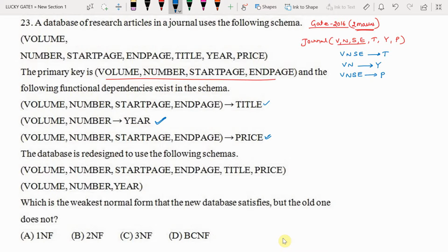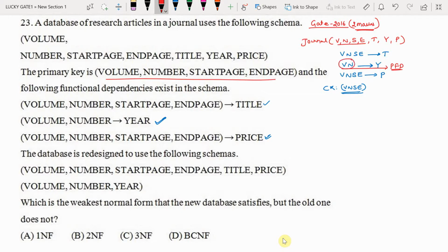Now first we'll understand what is the normal form of the given relation. Now what is the key for this relation? It is clearly given: volume, number, start page, end page. This is a key for the given relation. Now if VNSE is a key, observe friends, VN to Y is considered to be a partial functional dependency. Why am I calling this a partial functional dependency?